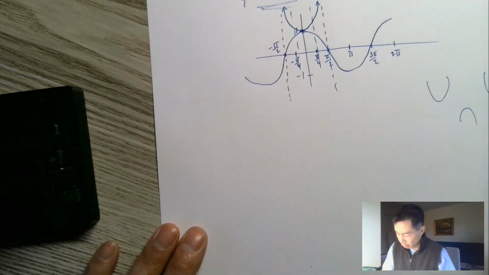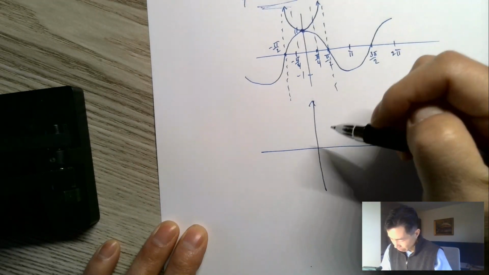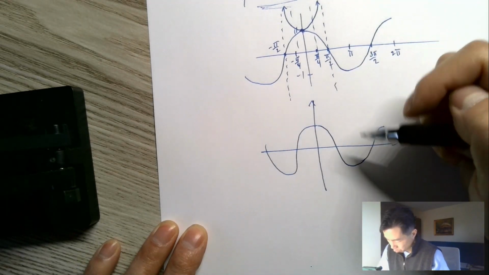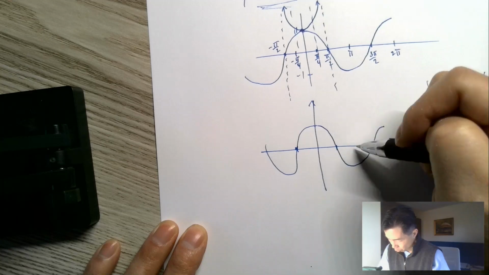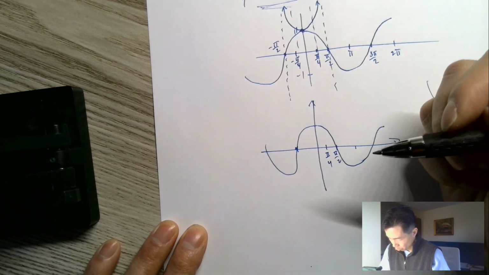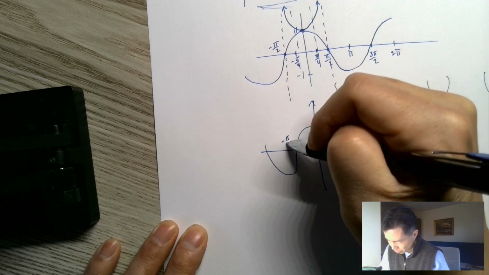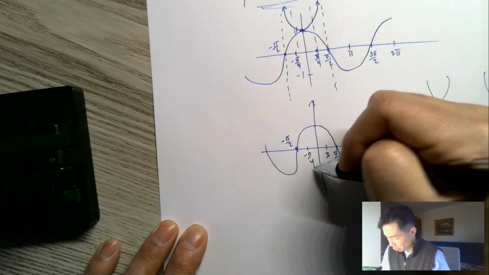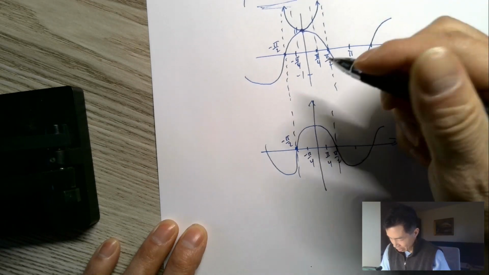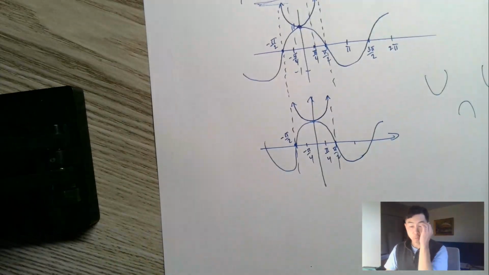Let me redraw that. Oh, I just realized, no, everything was fine. I should have just left it. So the asymptotes are here. There was actually nothing wrong with my curve.